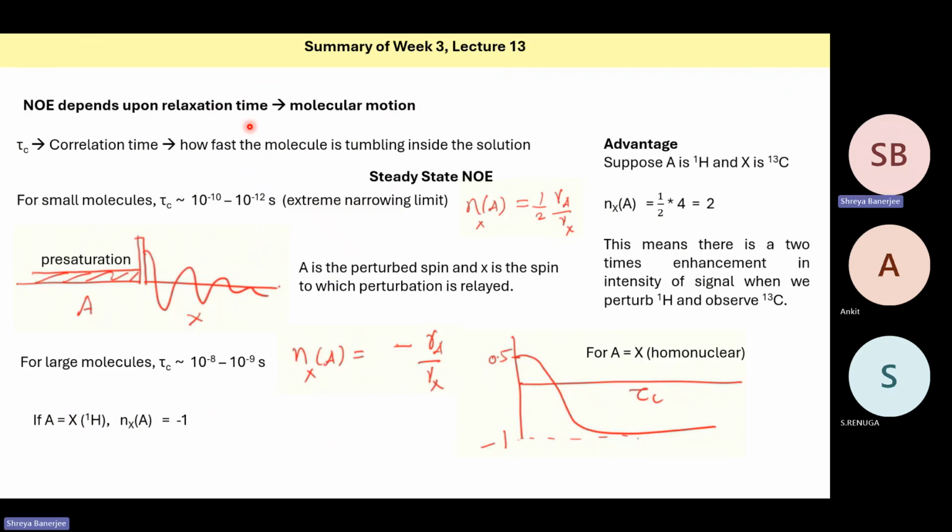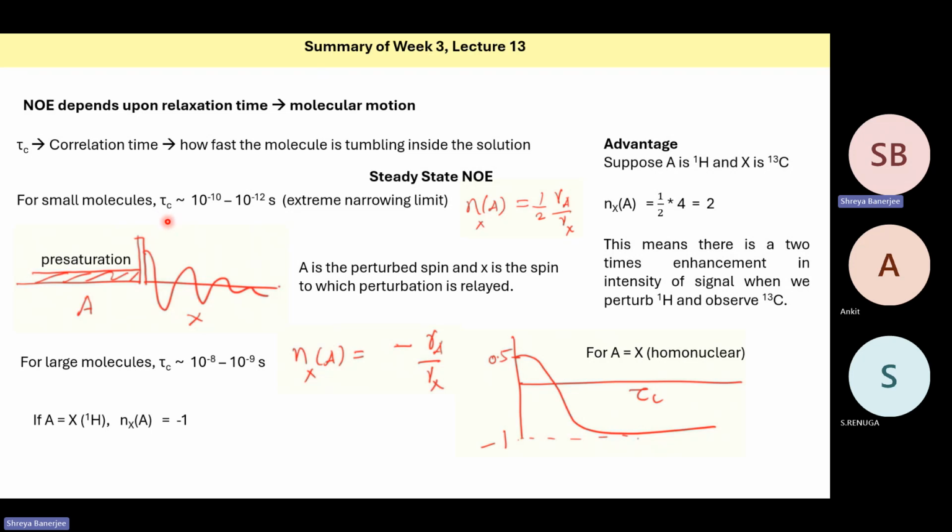So one thing is that NOE depends on molecular motion. Here we will define a constant tau c, or correlation time, which will tell us how fast the molecule is moving inside the solution. Small molecules will move very fast.